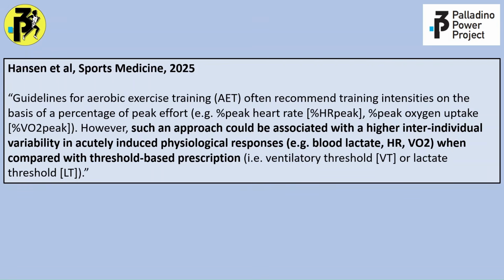But when you use such a prescription methodology, it's associated with higher inter-individual variability in acutely induced physiologic responses. So the stimuli are different metabolically when you use max versus using a physiologic threshold. You get a little bit more precision using a threshold-based prescription.